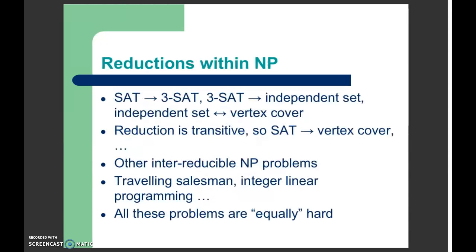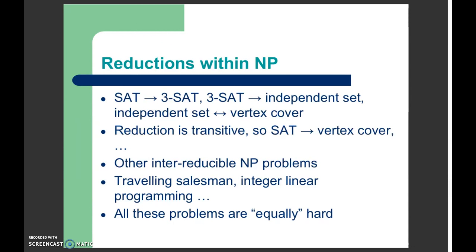Now we are going to see reductions within NP. SAT can be reduced to 3-SAT, and 3-SAT can be reduced to independent set. Similarly, independent set can be reduced to vertex cover. Reduction is transitive. You must have read about this in discrete mathematics.